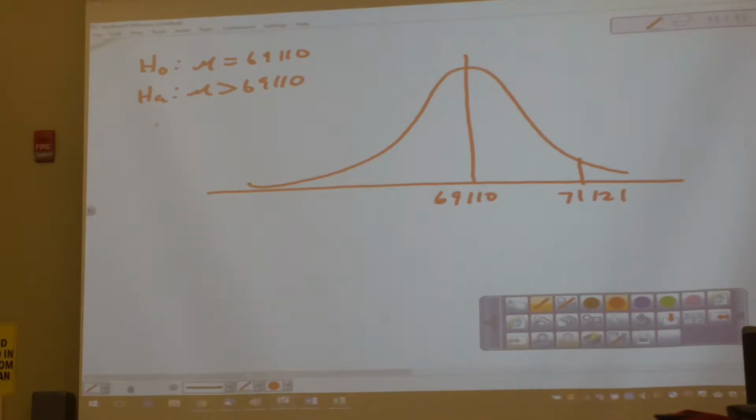What was my alpha? They gave us an alpha of 5%, which is the default. If they didn't give it to us, that's what we would use. Is it one-tailed or two-tailed? One-tailed. So all my alpha goes in one tail. So I want to look up a t-value that has an alpha of 0.05 and degrees of freedom of 40.